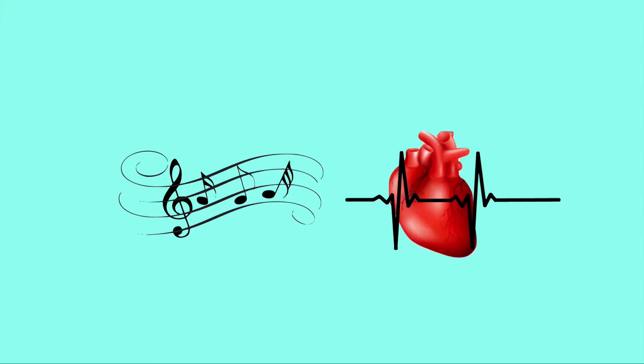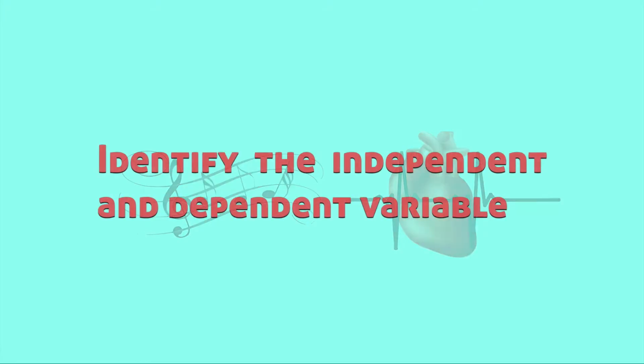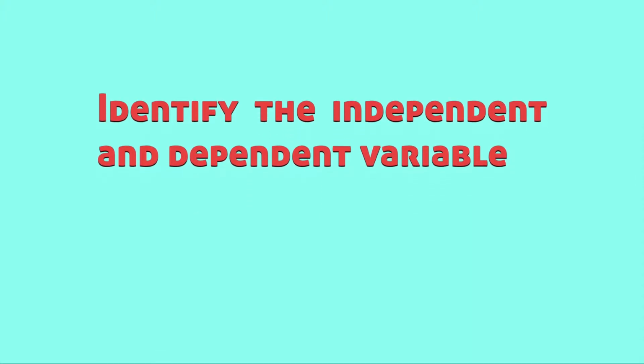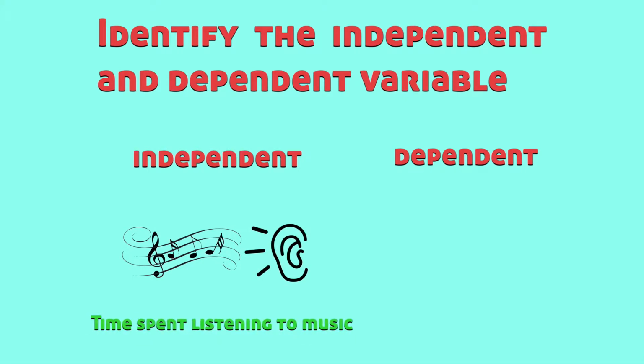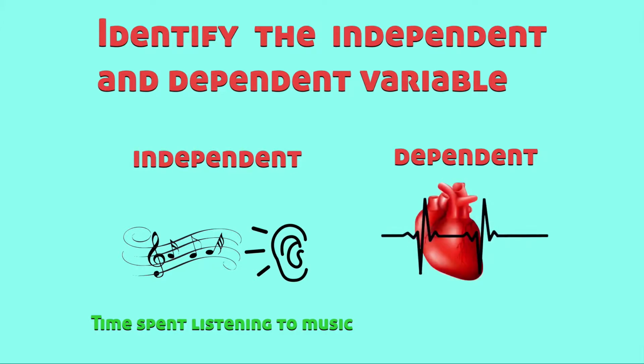Makes sense? So in this example, what's the independent variable and what's the dependent variable? What's being selected to be measured and what's only happening because of what we selected? So the independent variable is going to be the time that you spend listening to music, because that's going to affect your heart rate, supposedly.